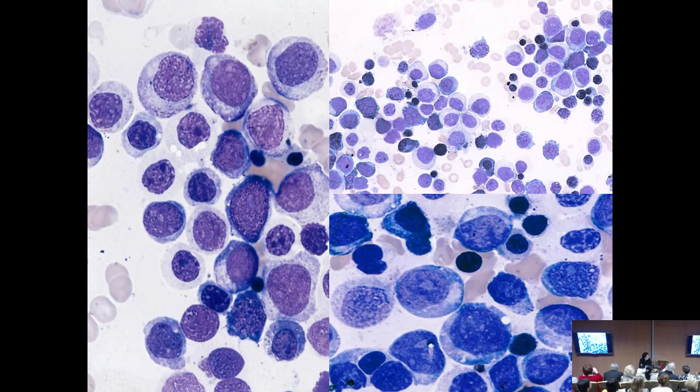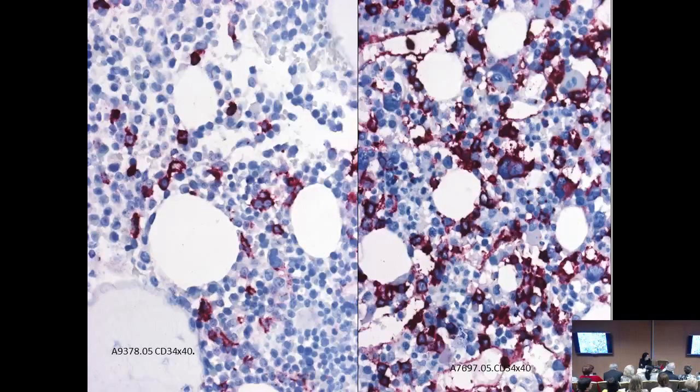So most of these cases which we formerly classified as erythroid leukemia, erythroid myeloid, are now MDS with excess blasts category 2.